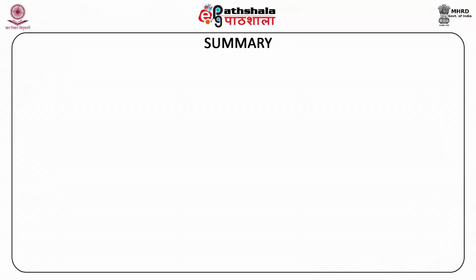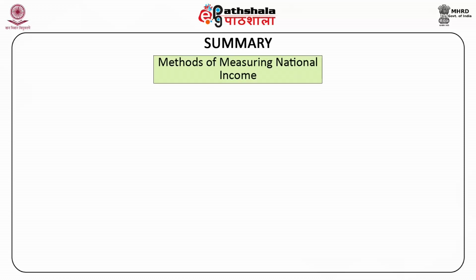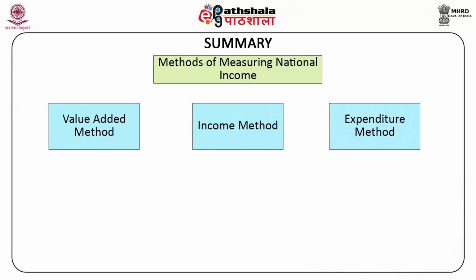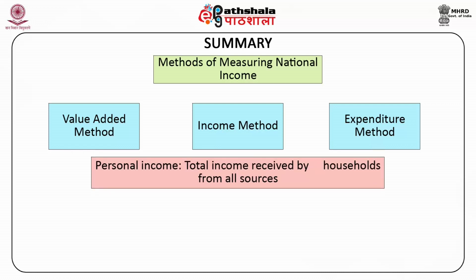Let us now summarize what we have learned in this module. We studied about the three approaches to measuring national income: value added method, income method, and expenditure method. All the three methods result in identical results as they are different ways of looking at the same transactions. We learned that personal income is the measure of total income received by the households from all the sources.